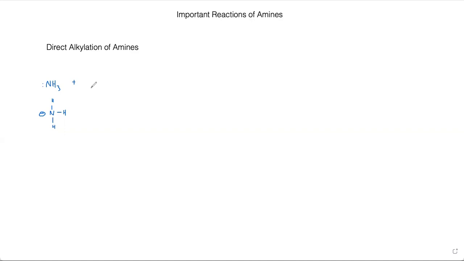So the electrons from the NH3 are going to substitute onto the methyl portion of that and kick off the iodine, as it is a good leaving group. That's going to result in something like this.